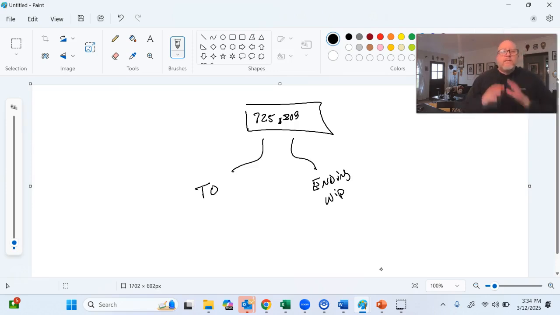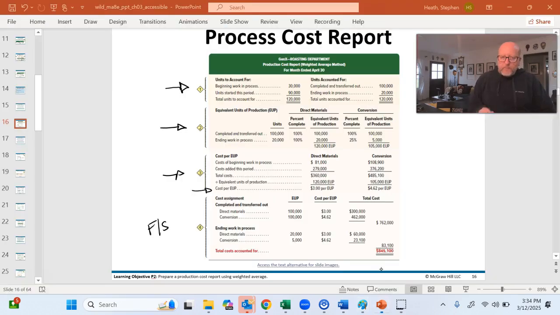And this entire process is to try to figure out this bucket and this bucket.